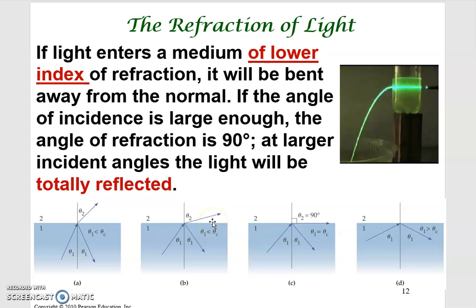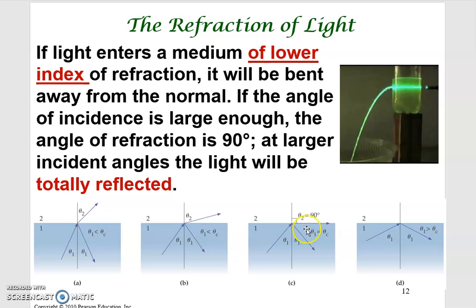People find that if you make theta 1 big enough, until some value called the critical value, theta 1 equals theta c, then the angle of refraction will be 90 degrees. What does it mean?